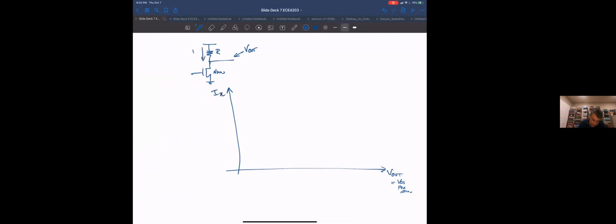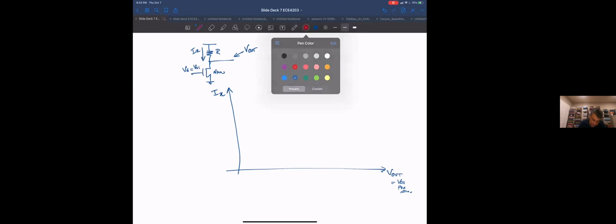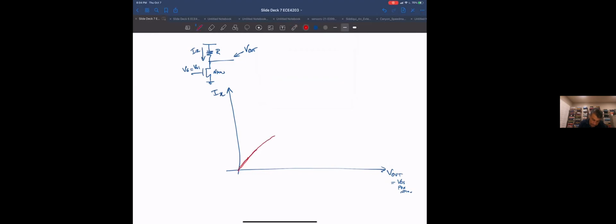That's the current that goes through both the resistor and the NMOS. Let's assume the gate has a certain voltage, V sub G equal to V sub G1. That gives me a certain curve here. So there's a range of valid values for V out. We don't know what it is, but this is for VGS equal to VGS1.